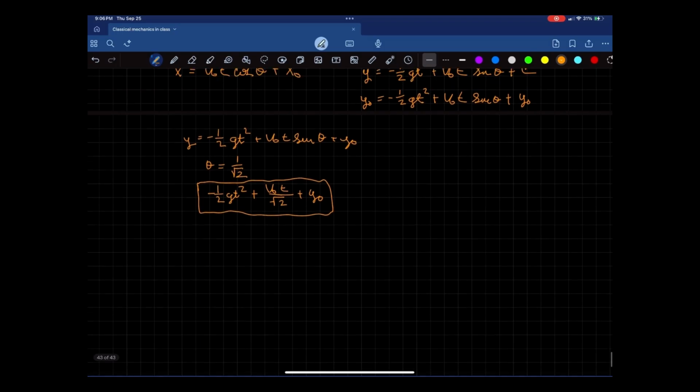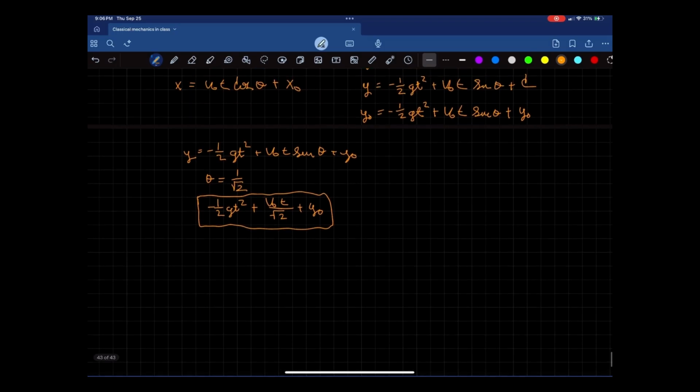So what we can do to solve for it, you can separate the variables and do all that, or just plug it into the quadratic formula.